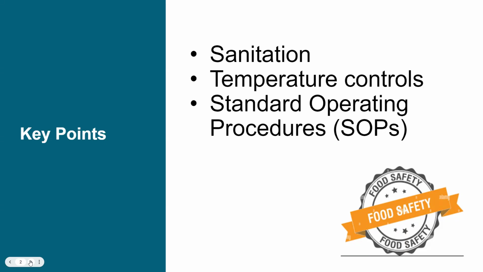Temperature control means keeping cold foods cold and hot foods hot. Cook to proper temperatures and hold at proper temperatures. And be sure to record those temperatures. A basic properly calibrated food thermometer, either digital or dial, is all you need to check for proper temperatures.